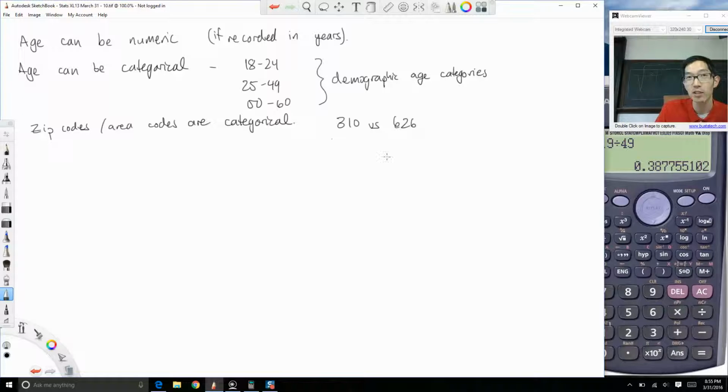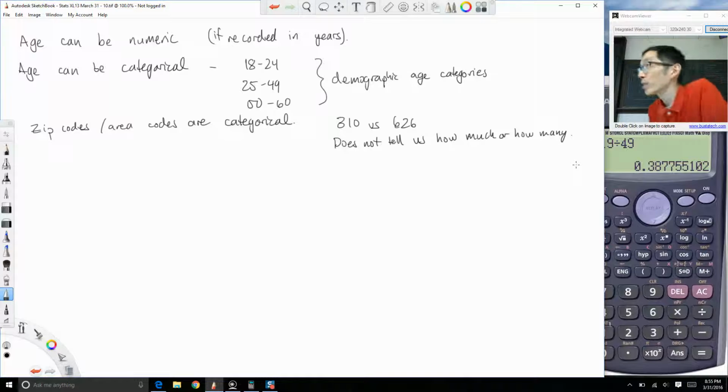That's not a useful statement to make. So this does not tell us how much or how many. It's just an arbitrary label, based on where you purchased your cell phone plan.